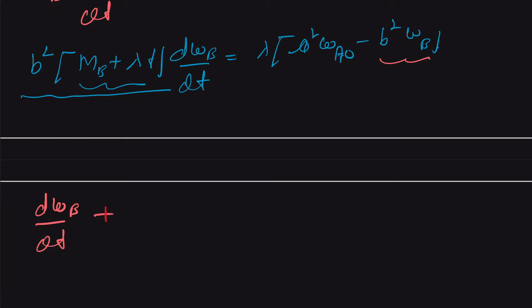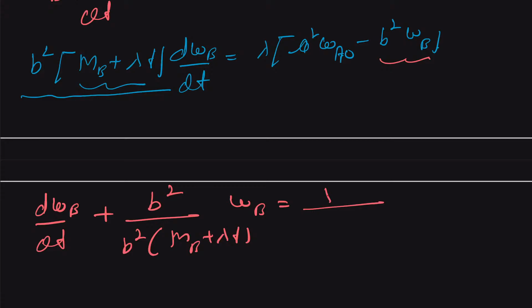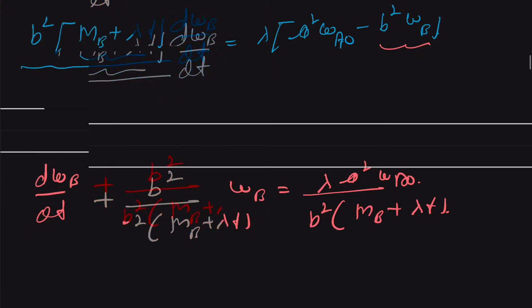So we get this as plus lambda upon b square mb plus lambda t times omega b is equal to lambda a square omega a naught upon b square mb plus lambda times t.